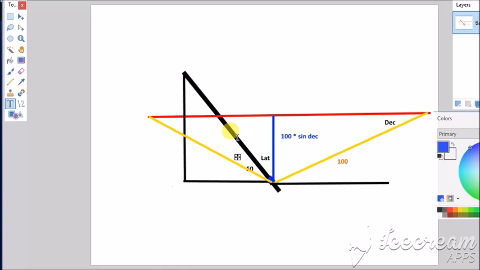The relation between the black line and the blue line, this is the hypotenuse. So the black line would be the blue line divide cosine the latitude. So equal the blue line, call it B, divide cosine the latitude.